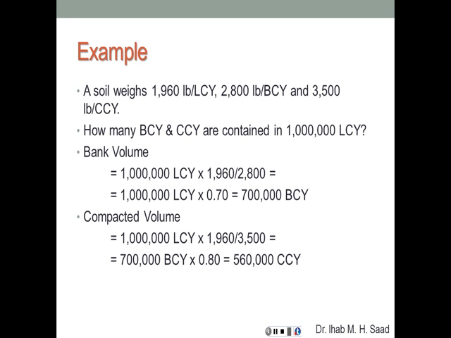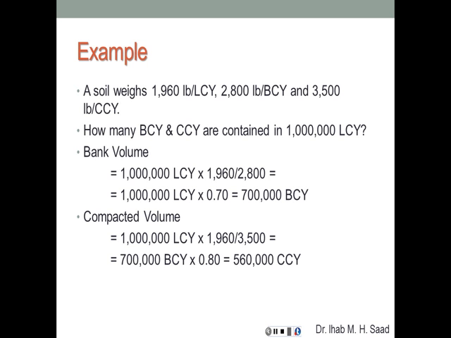And it's not in its natural condition, it's 2,800 pounds per bank cubic yard, and compacted, now again, the density is going to increase, so the weight per unit volume is going to increase, 3,500 pounds per compacted cubic yards. How many bank cubic yards and compacted cubic yards are contained in 1 million loose cubic yards?